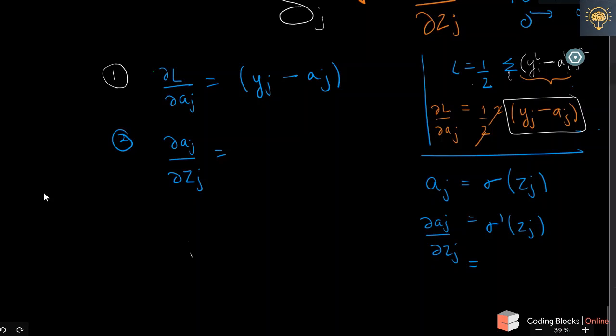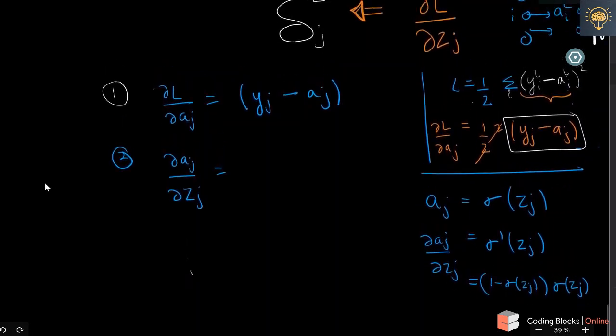In case of a sigmoid function, the derivative is given by 1 minus sigma of zj into sigma of zj, or you can say sigma of zj into 1 minus sigma of zj. So I'm going to write it in this form. It is going to be the derivative of the activation function, whatever it is.